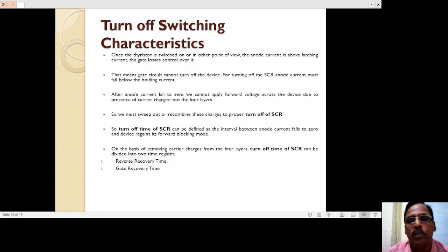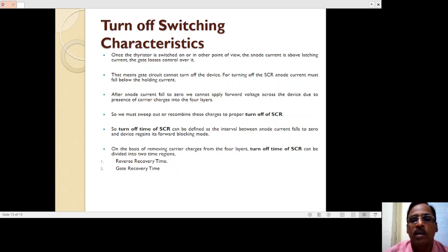After the anode current falls to 0, we cannot apply forward voltage across the device due to presence of charge carriers. So we must recombine these charges for proper turn off. We have to apply reverse voltage for certain time so that the charge carriers across junctions J1, J2 and J3 are removed so that your SCR will turn off.